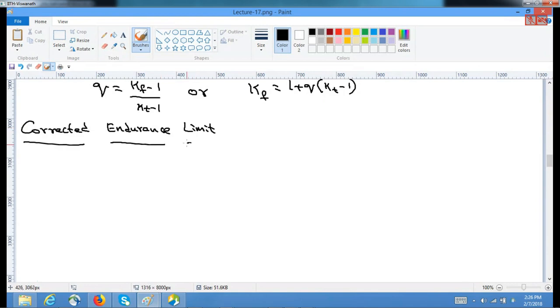It is not only because of notch sensitivity; there may be surface finish, amount of the load, size of the specimen, temperature, and other things that would change the actual endurance limit. So for design purposes, we need to account for all these factors. So we will address these issues first so that we can use the corrected endurance limit when we are designing certain machine components at the end of the lecture.